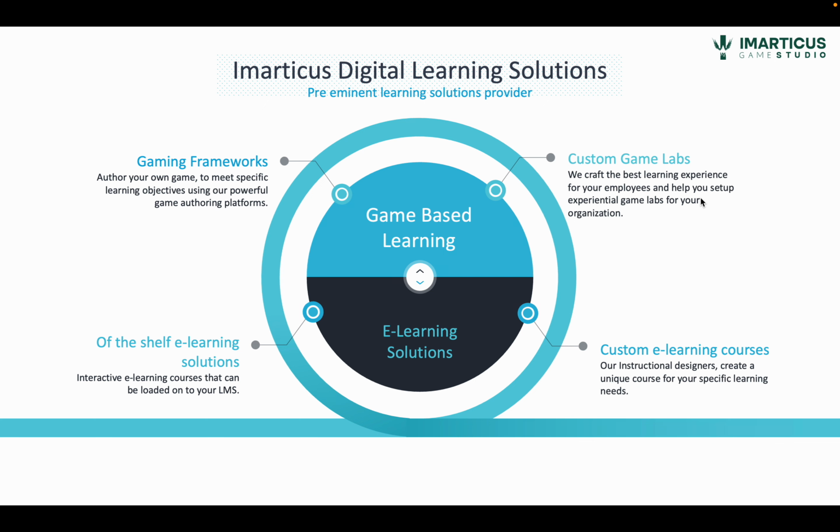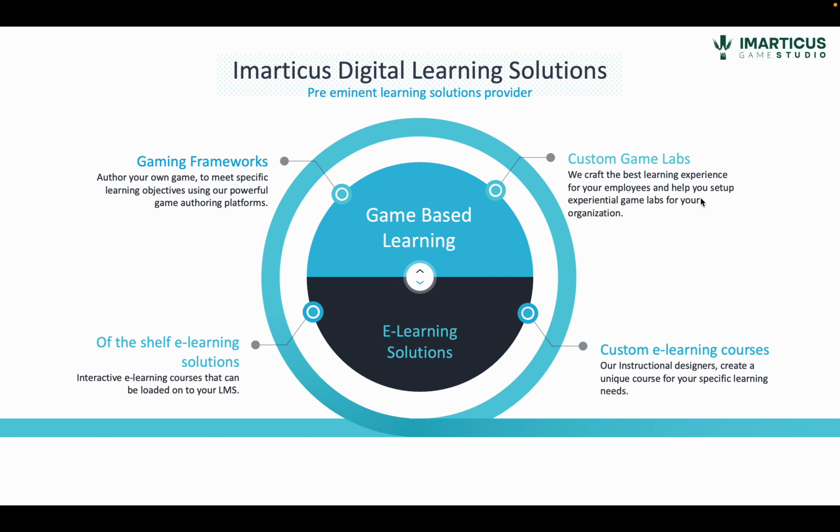The way in which we help our organization provide these training experiences is twofold. We have a game-based learning division, which has about 35 employees specifically working on building game solutions, ranging from 3D designers, game architects, Unity programmers. And we also have an e-learning shop consisting of instructional designers and SCORM production artists who typically design e-learning courses.